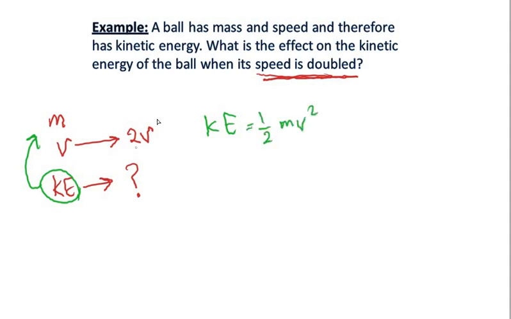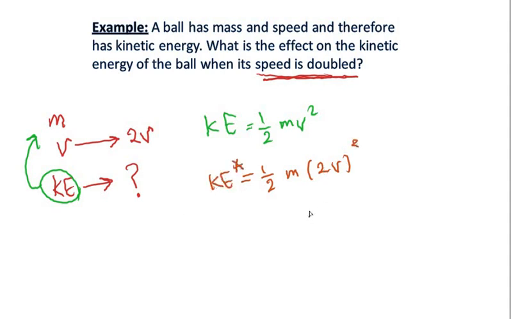Now, as I change the speed, the kinetic energy will change. If I multiply the speed by 2, 2v all squared, the kinetic energy will be multiplied by 4 because 2 squared is 4. Again, if I replace v by 2v, this is going to be a new kinetic energy.